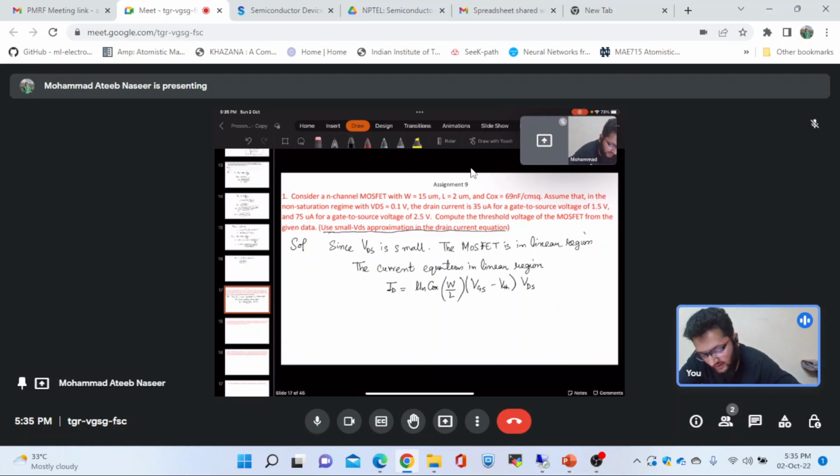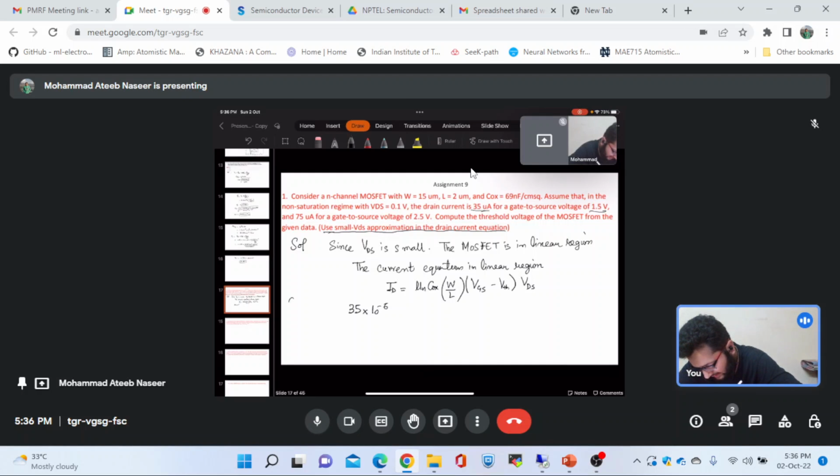Now there are two conditions. We have been given two gate to source voltages, 1.5 volts and 2.5 volts, and corresponding to that we have been given two currents. Let me use the first current, 35 microampere, when we have VGS equal to 1.5 volts. So this will be equal to 35 microamperes, which is 35 times 10 to the power minus 6.